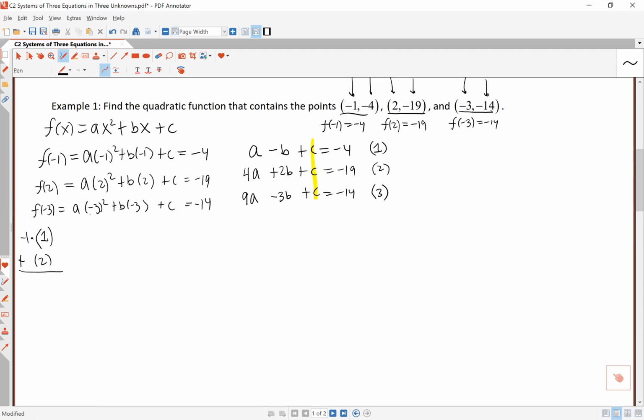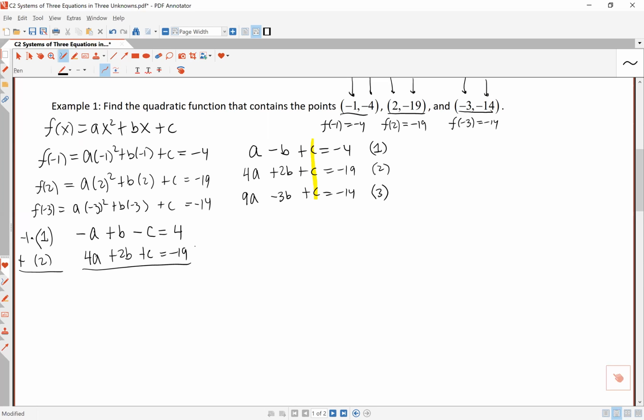Multiplying equation 1 by -1 gives me -a plus b minus c equals 4. Changed all the signs in equation 1. And I'm going to add that to equation 2. 4a plus 2b plus c is negative 19.